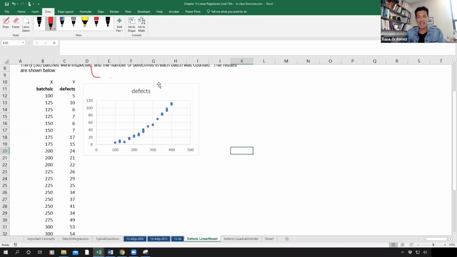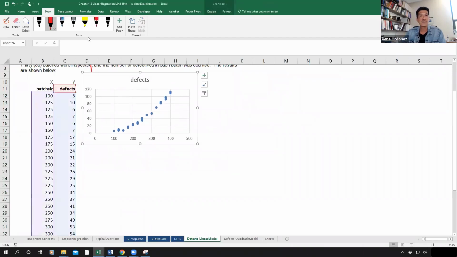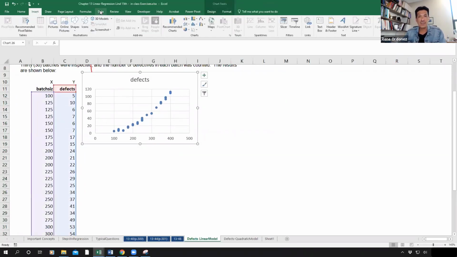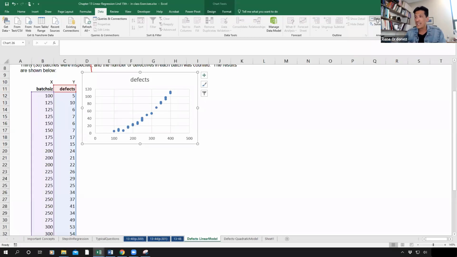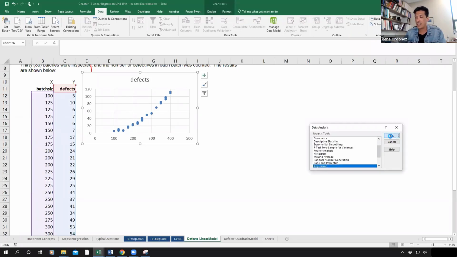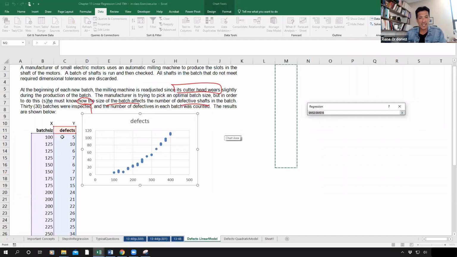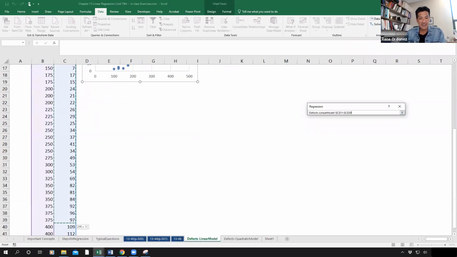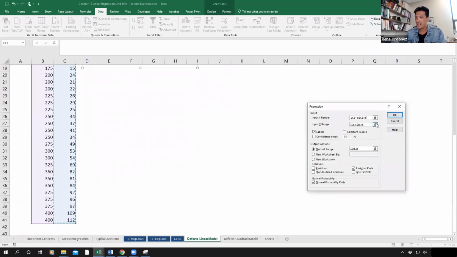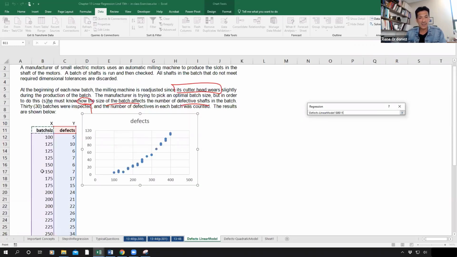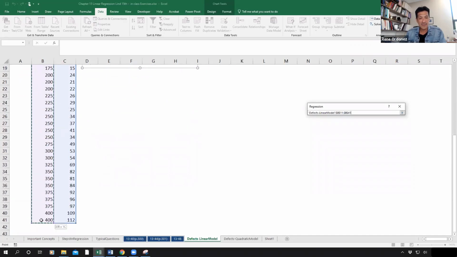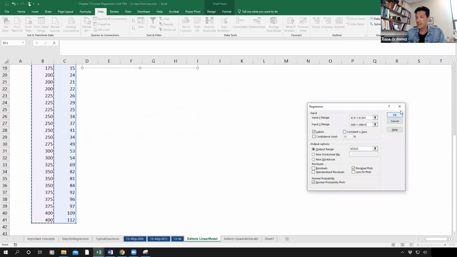Okay, so I'm going to run a regression. Insert data analysis, regression, click OK, and then the input y range would be defects, and then input x range. Right? And I included the labels.